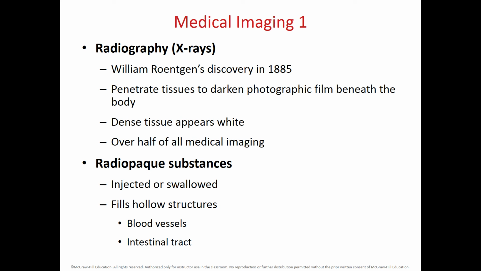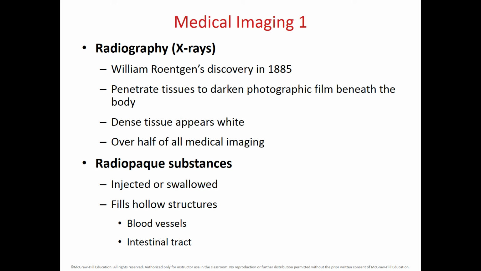X-rays were discovered around 1895 by William Röntgen, and they are a physical radiation. They penetrate our tissues, and these X-rays can darken a photographic film beneath the body.